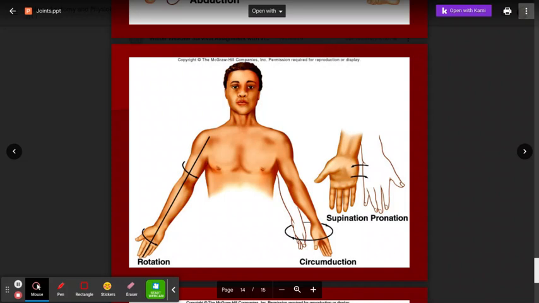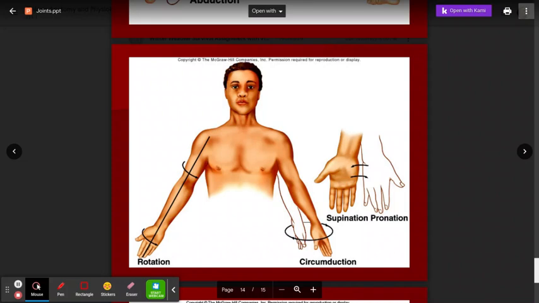Rotation. I don't have to move anything for rotation, but you're simply changing the position of your arm, which is very different from circumduction, going like this. Supination, pronation, supination, pronation.